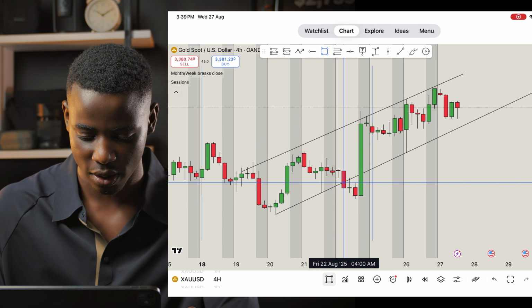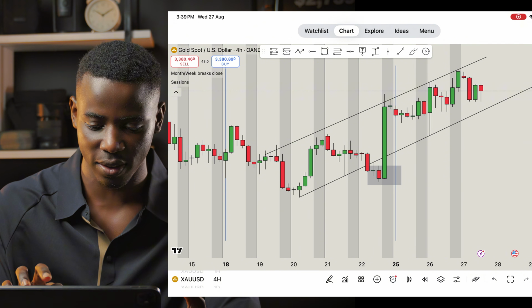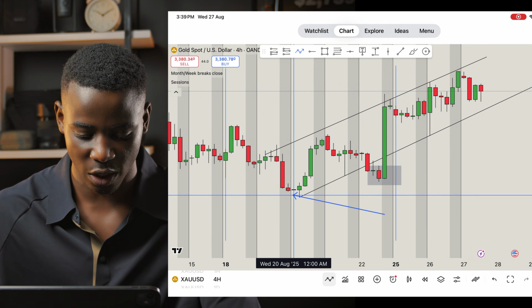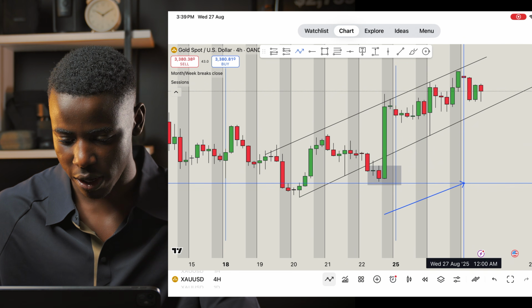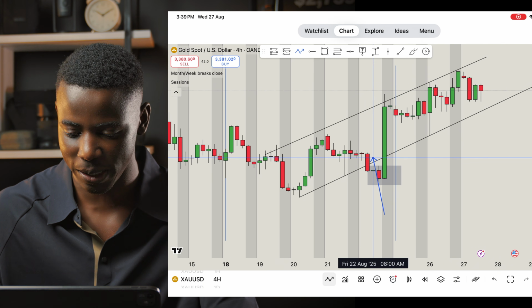Don't mind about this part right here; you can draw it perfectly. But if you manage to get this point matching with this point right here, and you see another reversal coming right there, it can be respected.